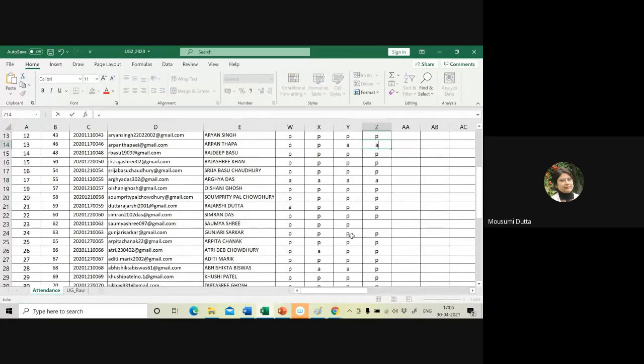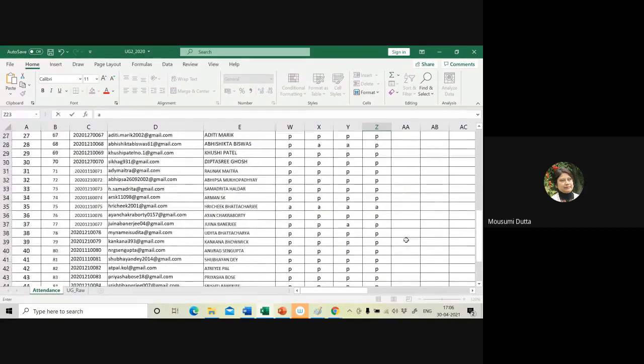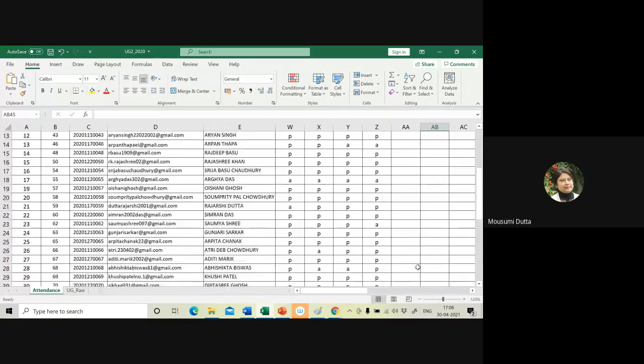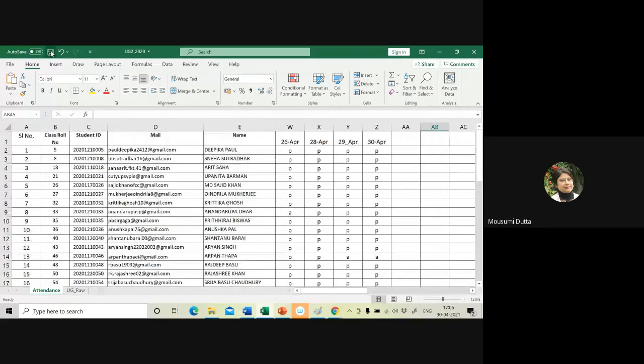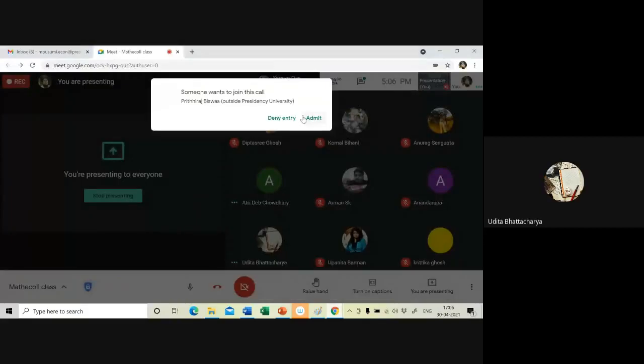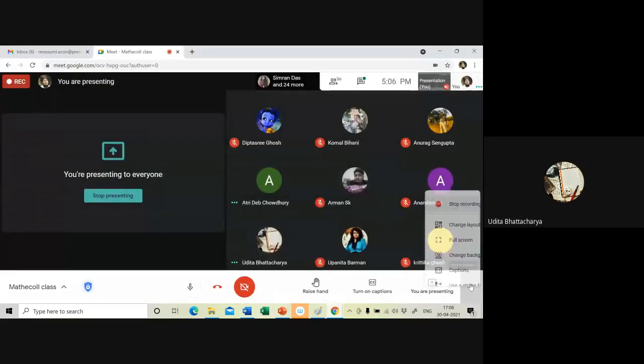Roll number 62. Shomosri. Absent. Then Komal. Ma'am, she's present, ma'am. Present. Anyone else? Ma'am, Prithviraj said to mark him present. Huh? Also? Prithviraj. Yes.